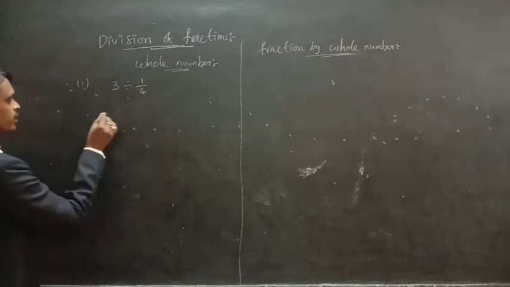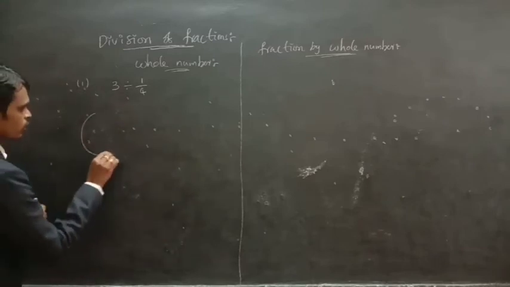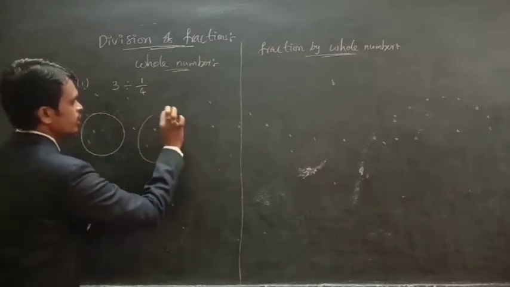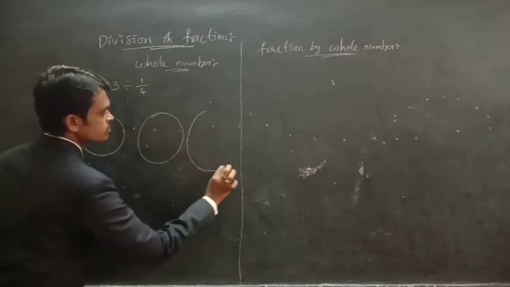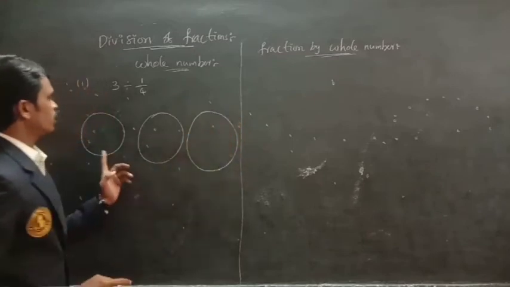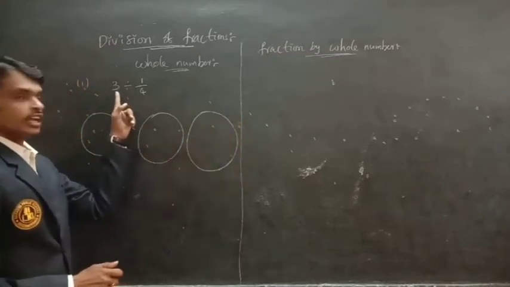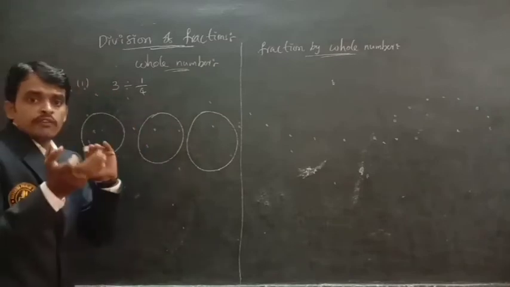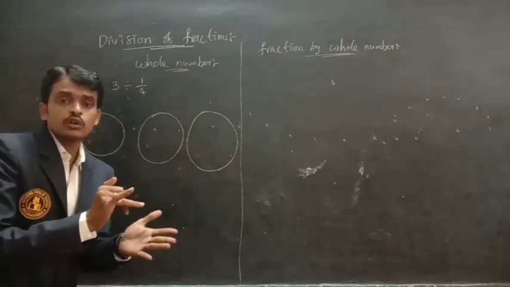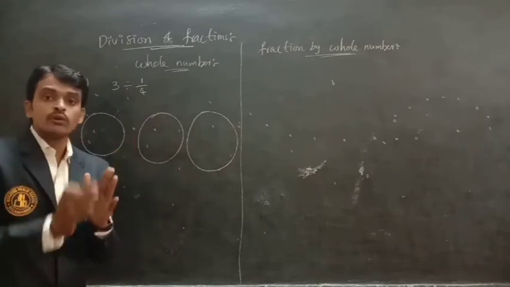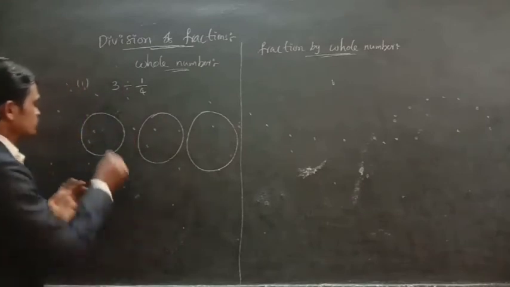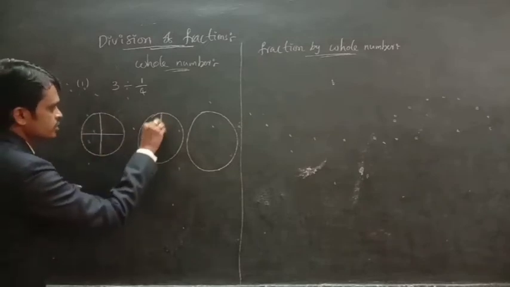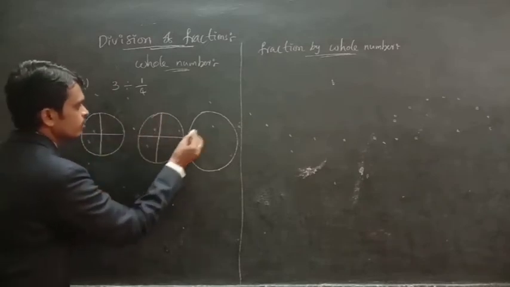So here I am writing, take these 3 wholes. I treated these 3 wholes like this. These 3 wholes we are dividing into 1 by 4 equal parts. So like this I am dividing 3 wholes into 1 by 4 equal parts.